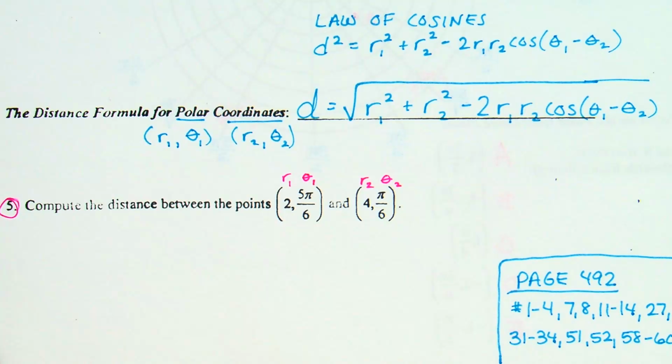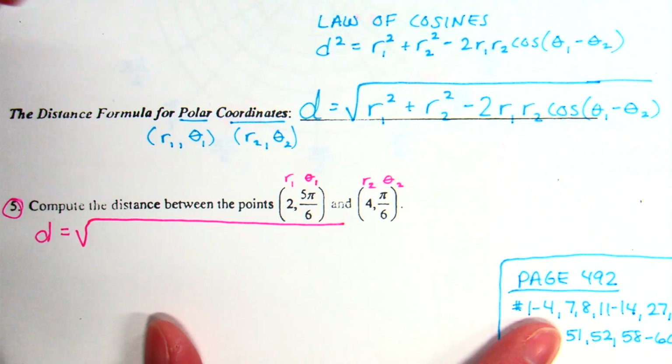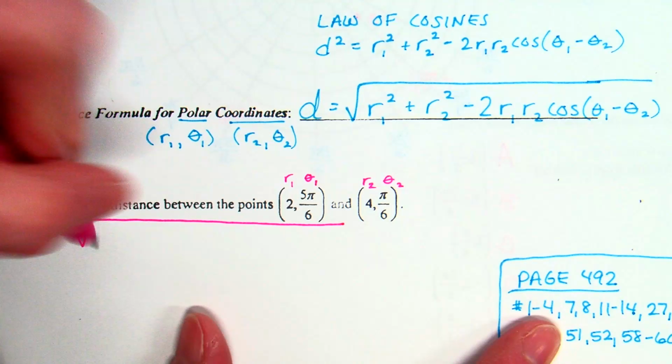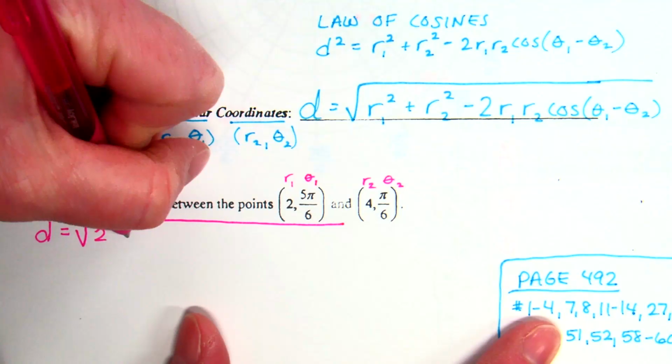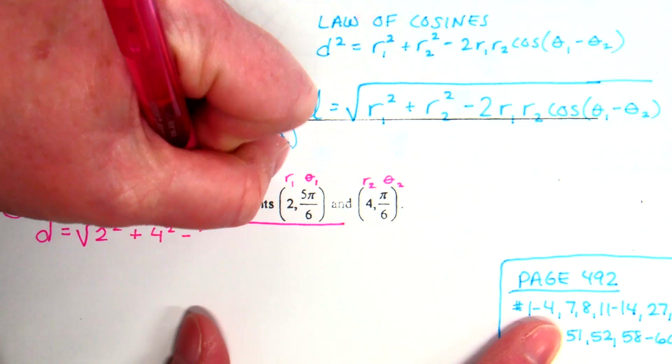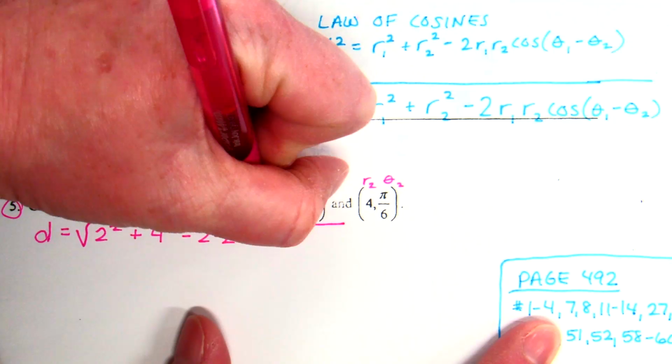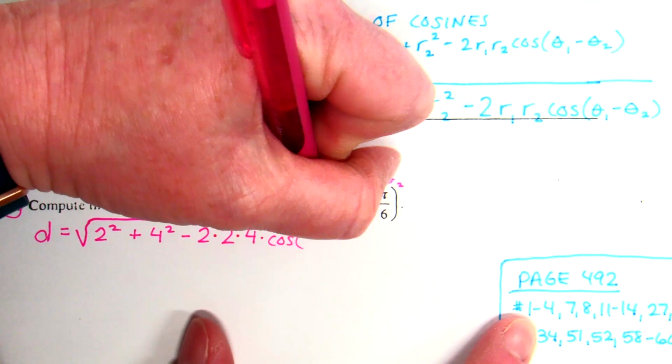D equals the square root of R1 squared, so 2 squared, plus R2 squared, 4 squared, minus 2 times R1, which is 2, times R2, which is 4, times cosine of 5 pi over 6 minus pi over 6.